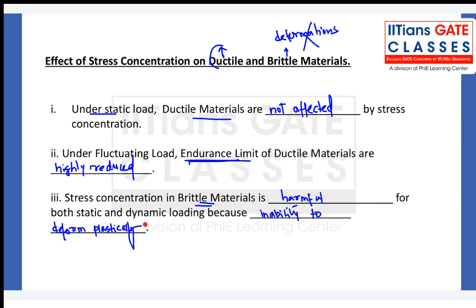Brittle materials do not have the capability to deform, so the stress concentration cannot get dispersed. So that is why, for both static and dynamic loading, we have to consider stress concentration.